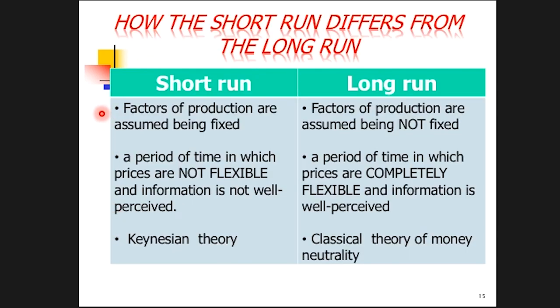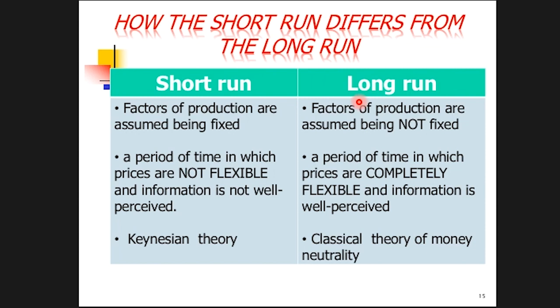there's a very important assumption that factors of production are fixed. It means that the stock of equipment or factories cannot be changed easily in a year. We can only change it in the long run.